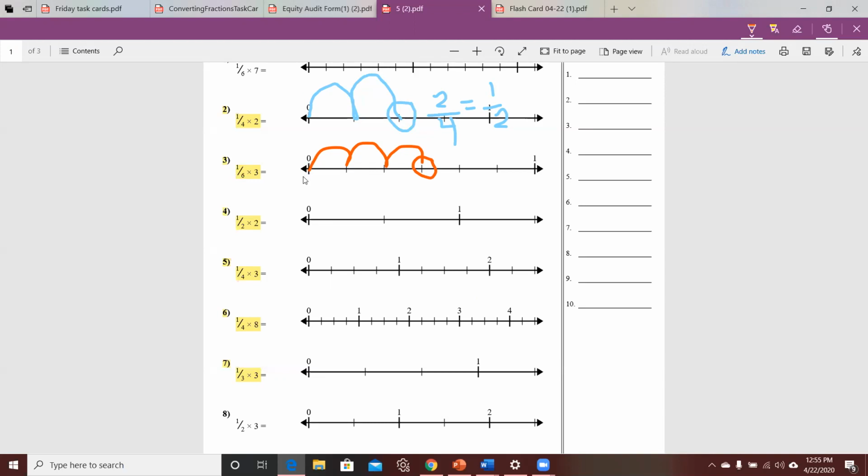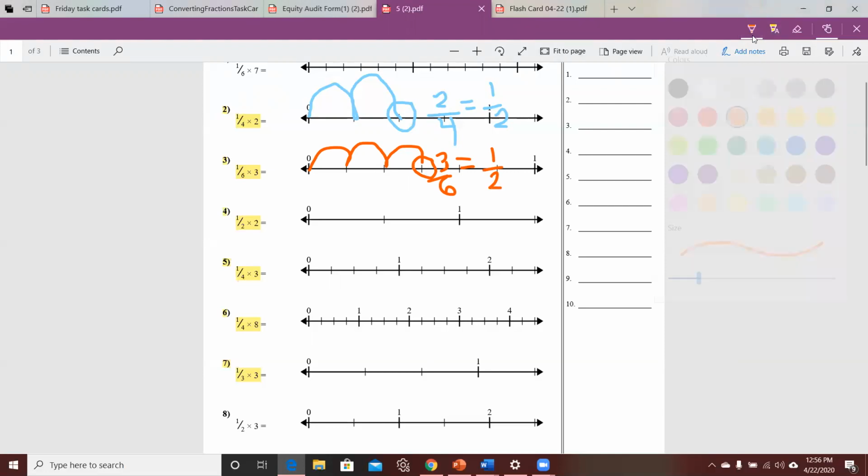So that means this is 0, 1/6, 2/6, 3/6, 4/6, 5/6, and 6/6. So what was this one again? 3/6. 3 is half of 6, so we could also say this equals 1/2.